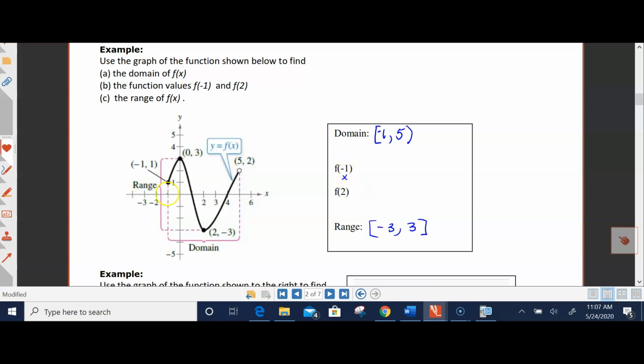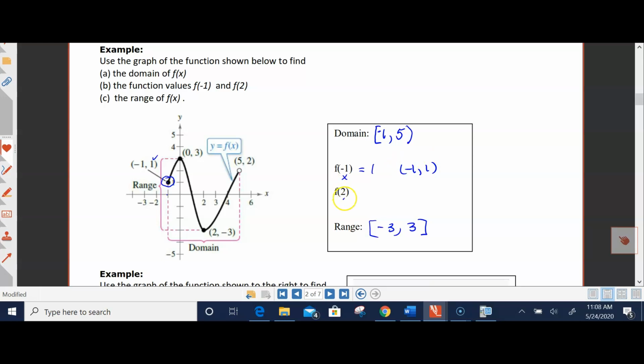So I'm going to find -1 on the x-axis, and I'm going to see what ordered pair corresponds to an x value of -1. And there is my point. It goes -1, +1. So f of -1 is simply the y coordinate, +1. It's just an ordered pair. -1 for x, 1 for y.